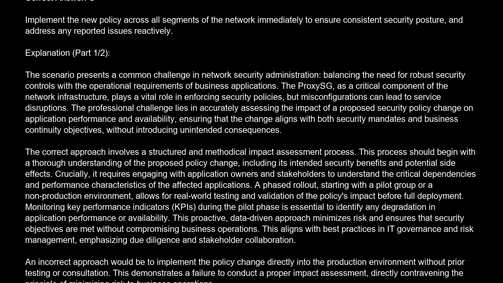Monitoring key performance indicators, KPI, during the pilot phase is essential to identify any degradation in application performance or availability. This proactive, data-driven approach minimizes risk and ensures that security objectives are met without compromising business operations. This aligns with best practices in IT governance and risk management, emphasizing due diligence and stakeholder collaboration.